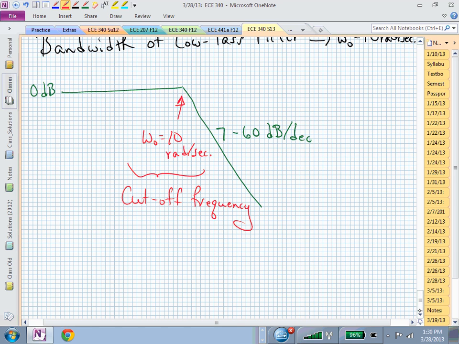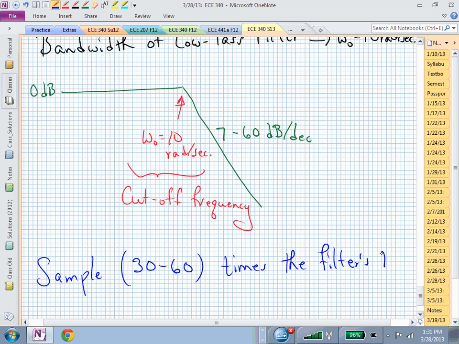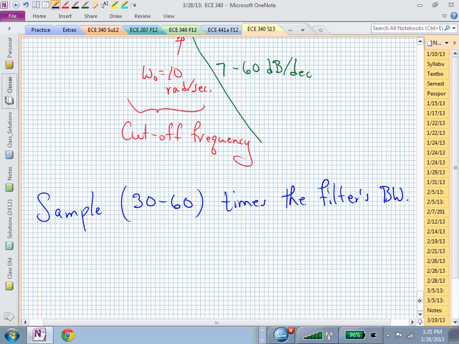What have we sort of agreed to as far as our rule of thumb? We might want to sample at 30 to 60 times the filter's bandwidth. And this is just a rule of thumb.